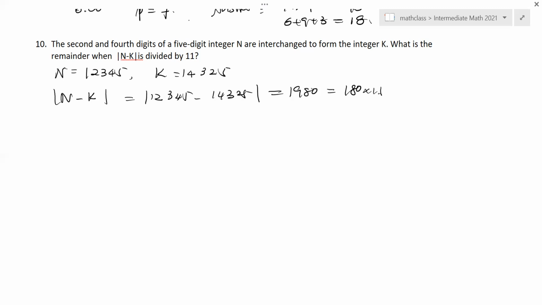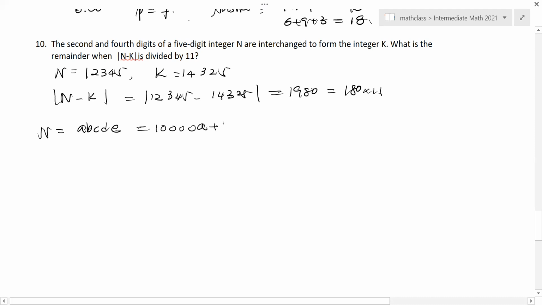How do you do that? It's a 5-digit number. I'm going to let the 5-digit number be A, B, C, D, E. The 5-digit number can be written in the form 10,000 times A, 1,000 times B, 100 times C, 10 times D, and E. So now, what is K?